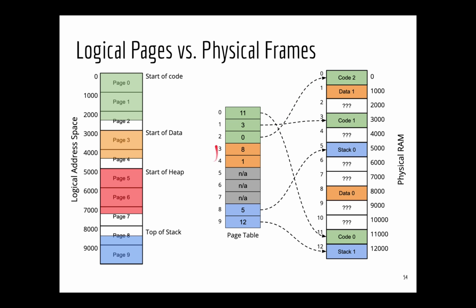So the next two entries are for our data. The first page of our data, which is in logical page 3, is found in frame 8 in our RAM. Again, to remove clutter in my diagram, I intentionally don't include the frame numbers for our heap, but these 3 gray boxes are supposed to be for the heap pages or the heap frames.